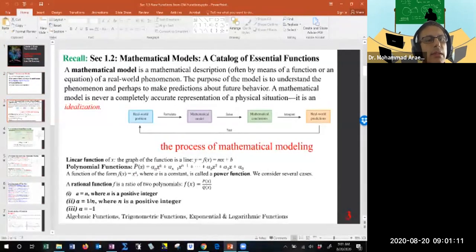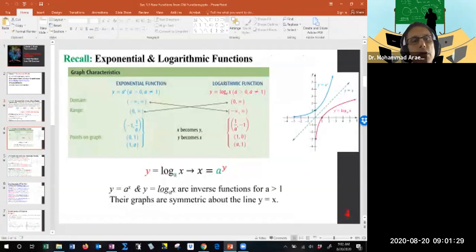We looked at the concept of mathematical models and various types of functions, such as linear functions, polynomial functions, rational functions, algebraic functions, exponential functions. And we also looked at a lot of logarithmic properties that I hope you practice to be comfortable to move on, okay, class?